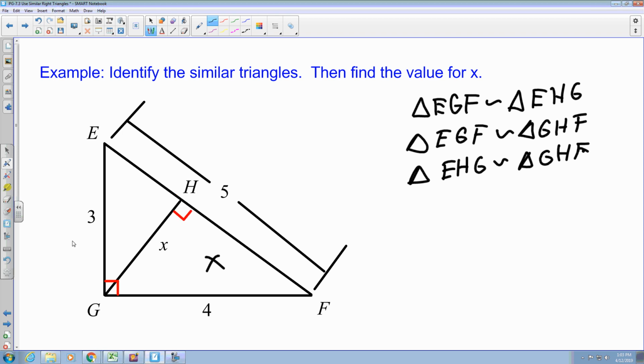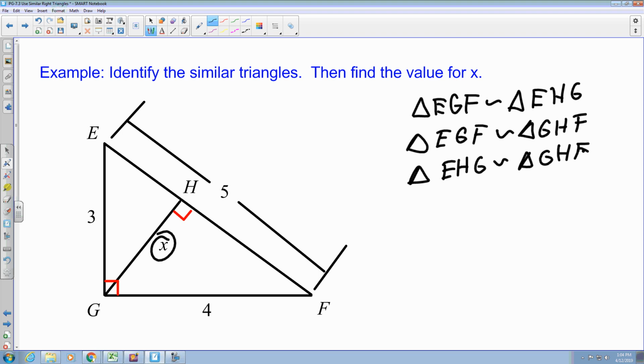All right, so now what we want to do is find our value of x. So what we're trying to do here, we got x in this spot and it represents a couple of items for whatever triangle you're trying to look at. So if I'm looking at triangle EHG, that will be considered the long leg for x.